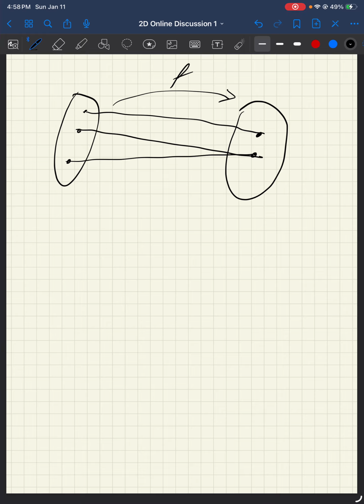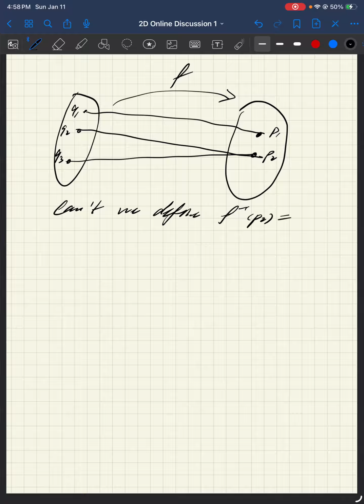So can't we just define the inverse of P2 to be just, say, Q2? Can't we just choose one of the pre-images and define it to be the inverse of P2?